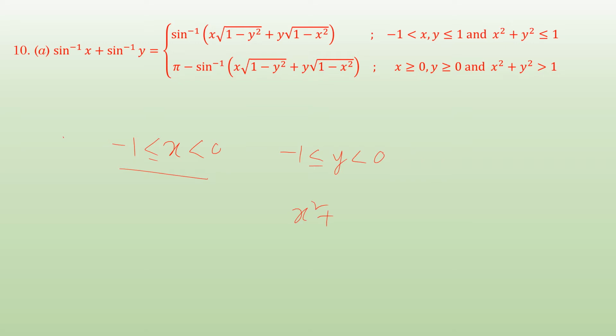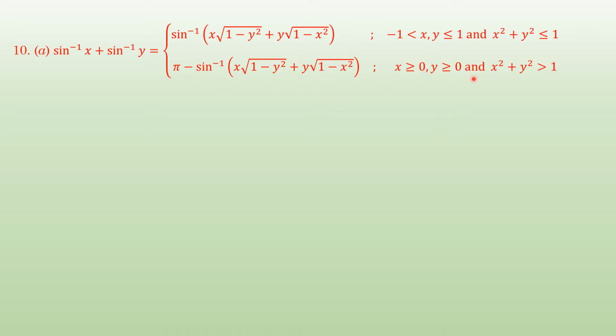In this case also, x square plus y square may be less than 1, or x square plus y square may be greater than 1. So for each of these conditions we will have some formula for sin inverse x plus sin inverse y, but my recommendation is to just memorize the formula for the principal branch only. That is, you just memorize this one.